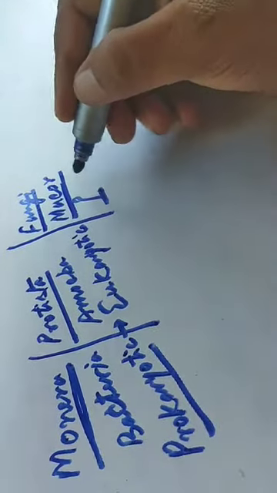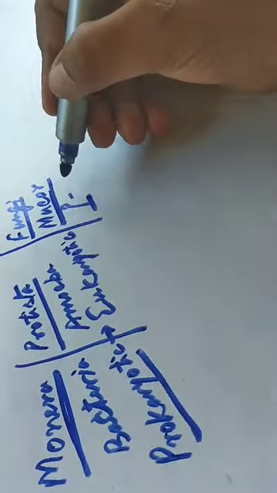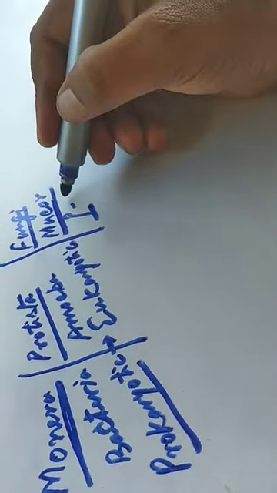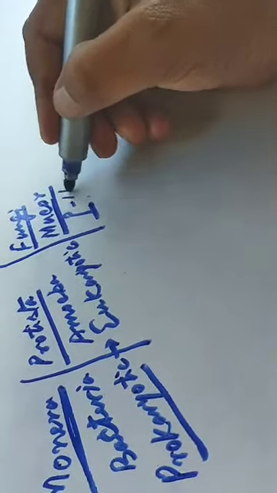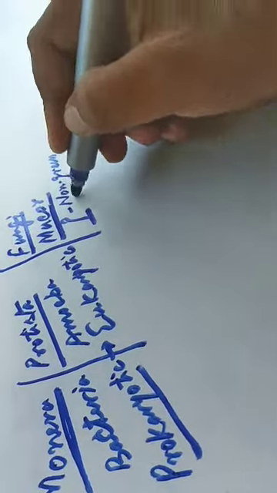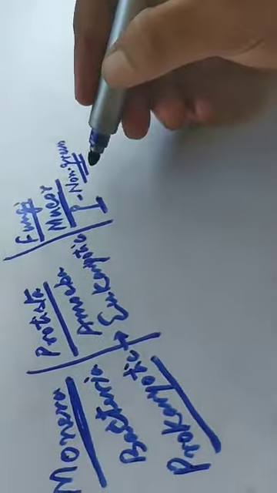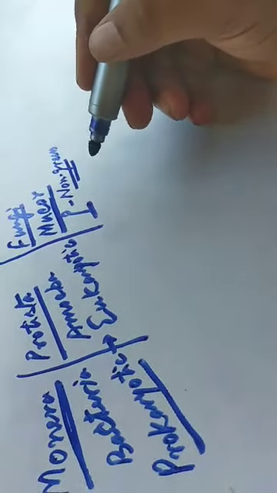So they remain fixed, so they resemble plants, but the main feature was that they were non-green. This was the main feature, means they were not autotrophic, clear? They were heterotrophic in the mode of nutrition.